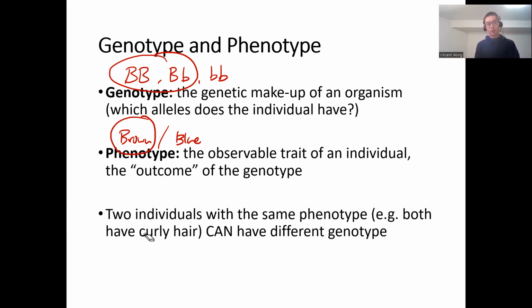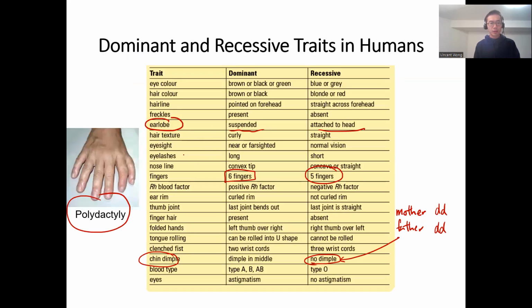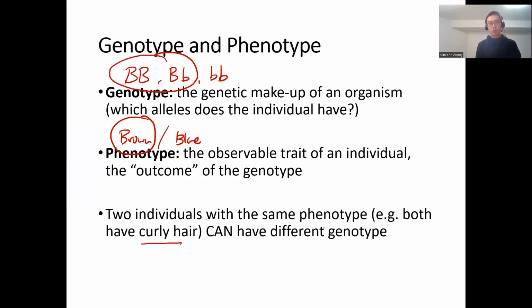We can use curly hair, and curly is dominant. So if two people both have curly hair, one could be big C, big C, and the other could be big C, small c. You can't tell unless you check their family background.